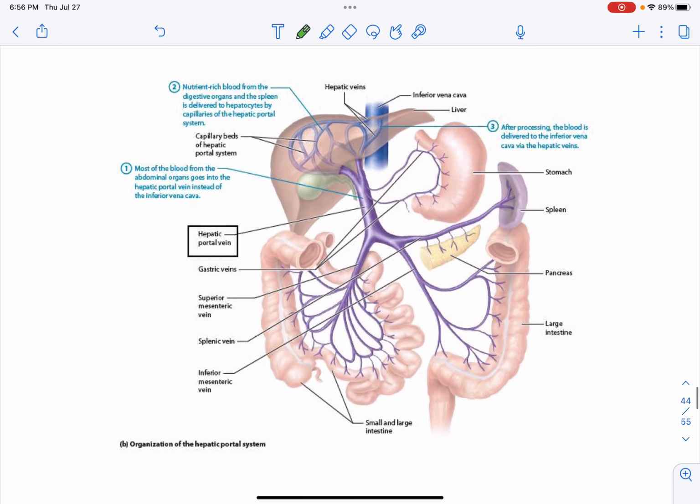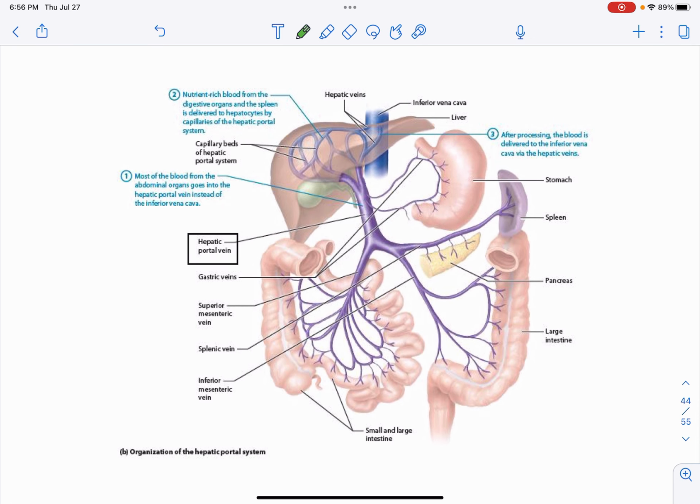So here are all of the digestive organs. All of the digestive organs are going to be receiving blood from the arteries, whether it's the splenic artery, the gastric artery, all of the arteries, right? And then through capillary beds, it's going to enter the venous system after it's been depleted of oxygen.